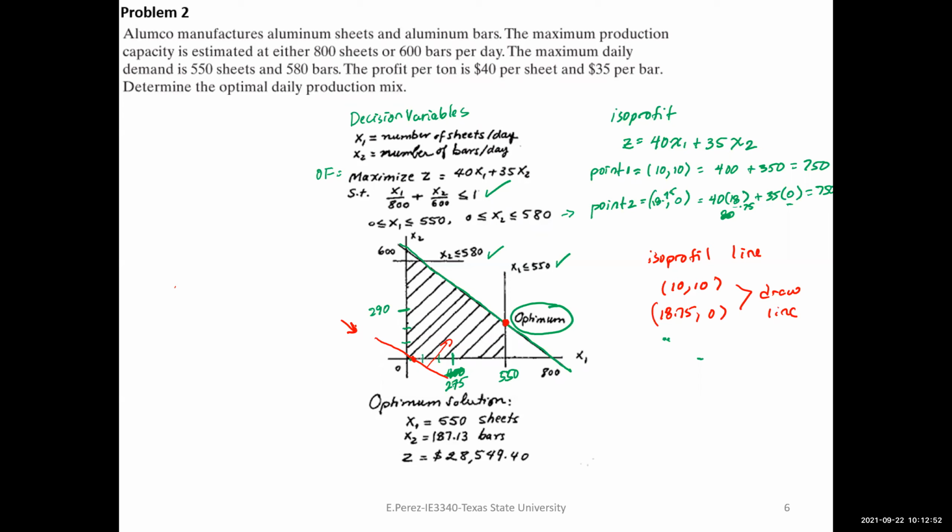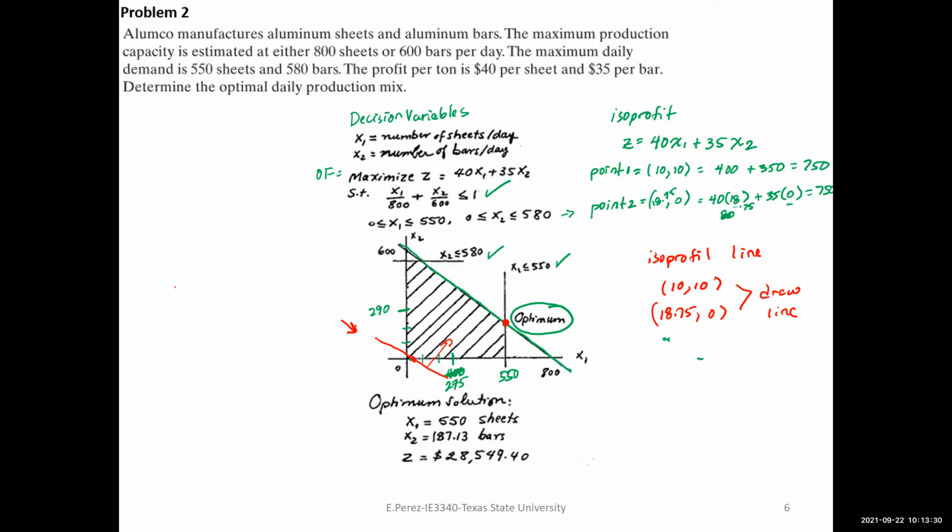What you have on x1 over 800 is the fraction of aluminum sheets that you'll be producing. That fraction is going to tell you how much capacity you'll be using to produce aluminum sheets. And x2 over 600, you know, the maximum number of bars that you can produce at full capacity is 600, so x2 divided by 600 is the fraction of bars that you're going to be producing. The summation of the two should not exceed the total capacity of your plant, which is 100%.